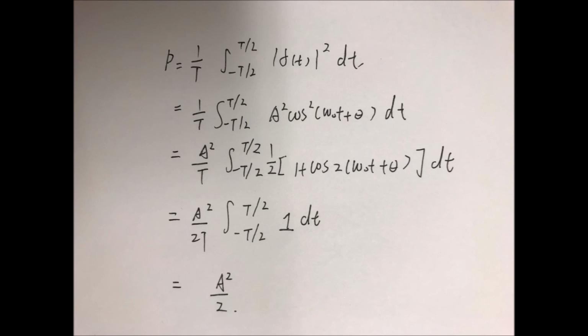We did this many times in our previous examples and in your homework. So a squared over 2, half a squared, is the same result. Any questions?